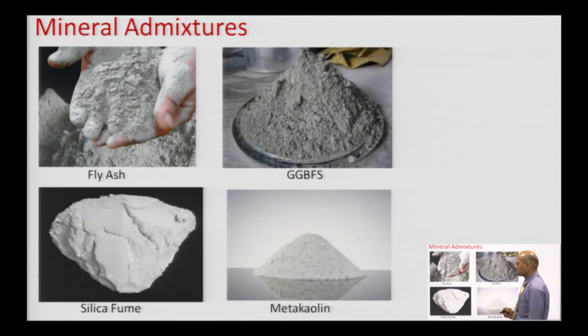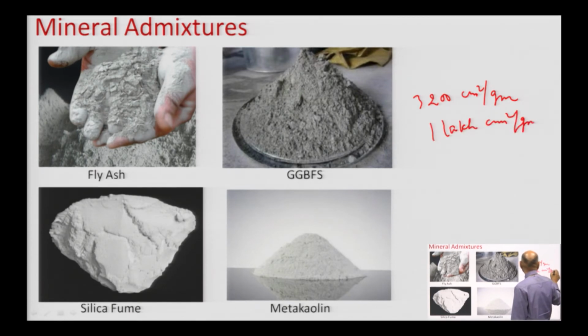The specific surface area of cement is around 2250 centimeter square per gram, and the specific surface area of fly ash is around 3200 centimeter square per gram to almost 1 lakh centimeter square per gram, higher than that.